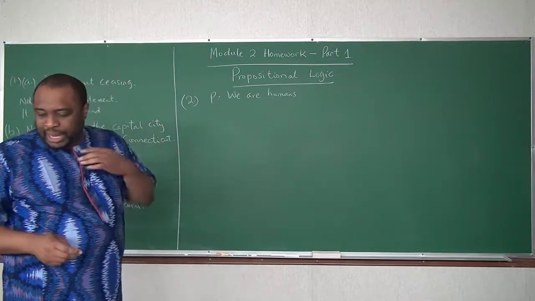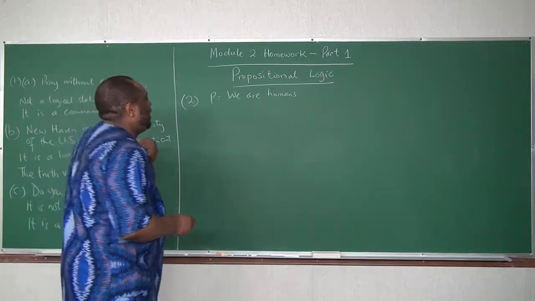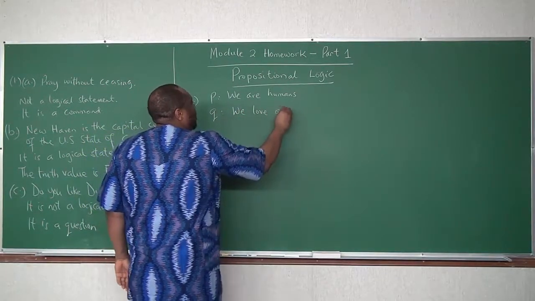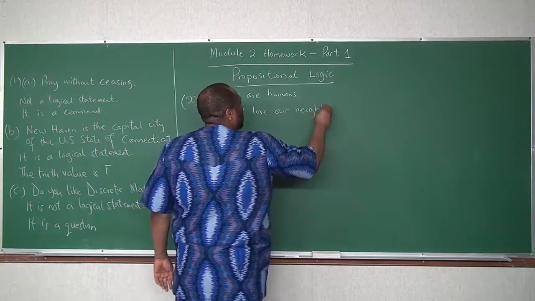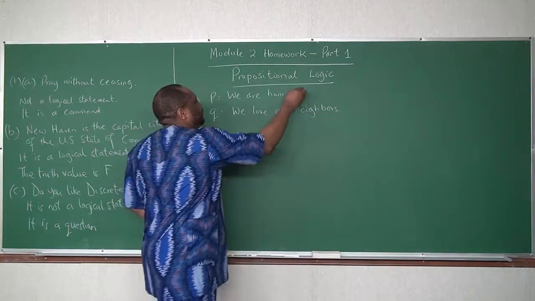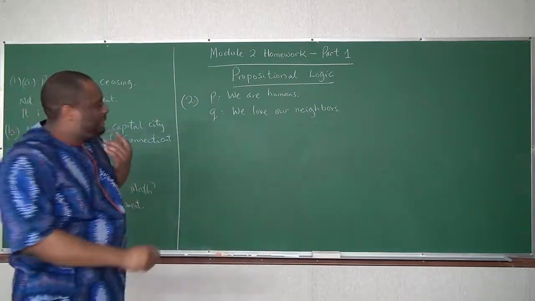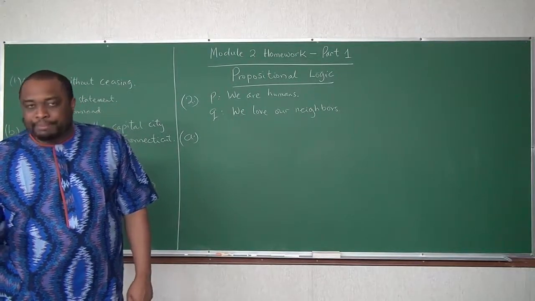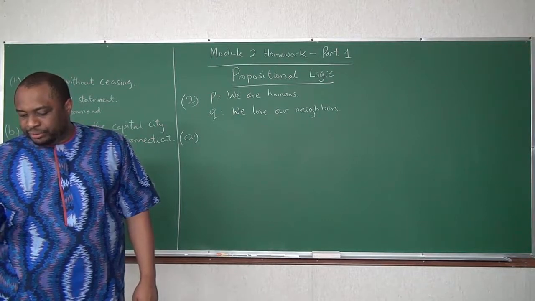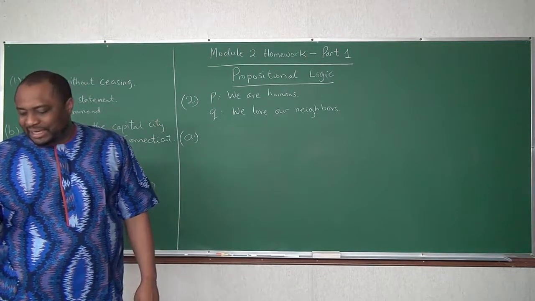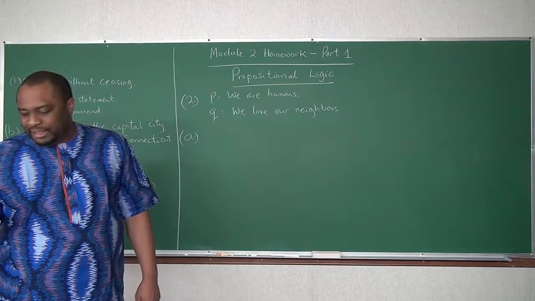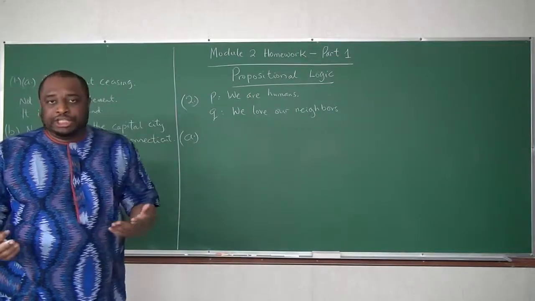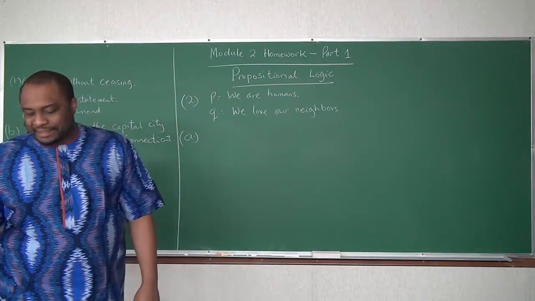We have P, we are humans. Then Q, we love our neighbors. And it says, A, write each of the following statements in symbolic notation, which is a symbolic logic, and as English sentences.